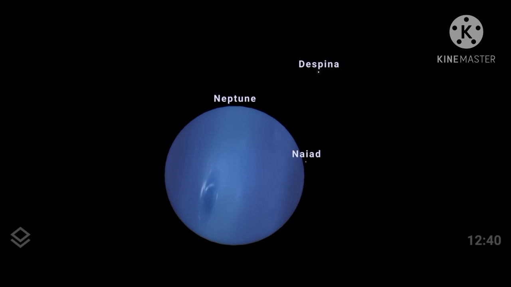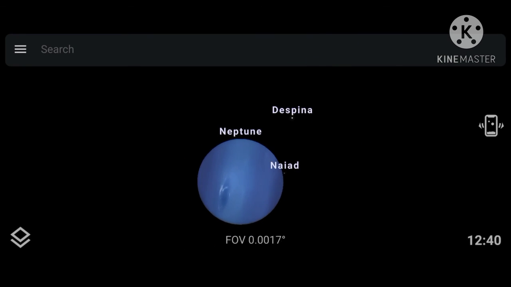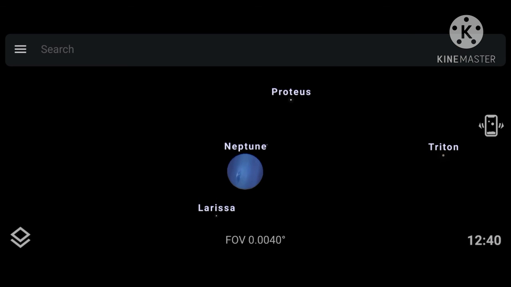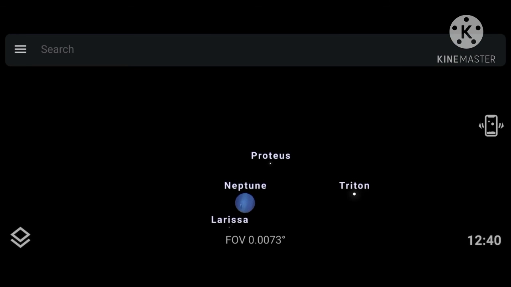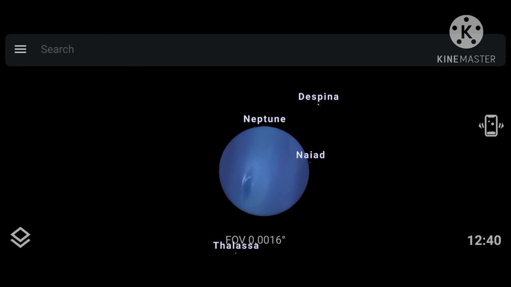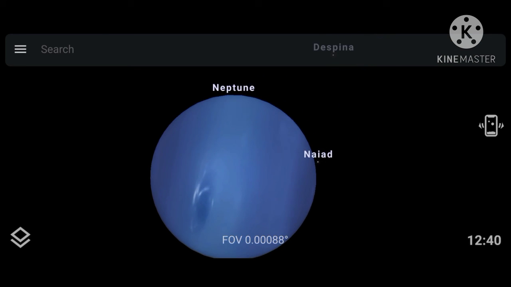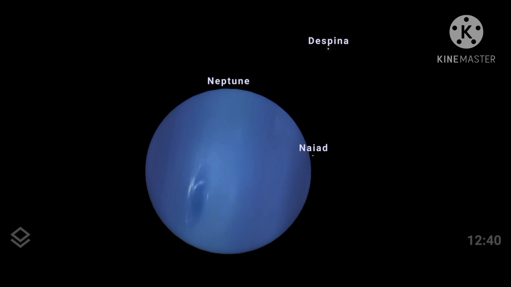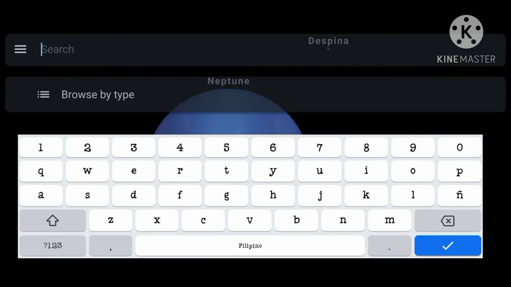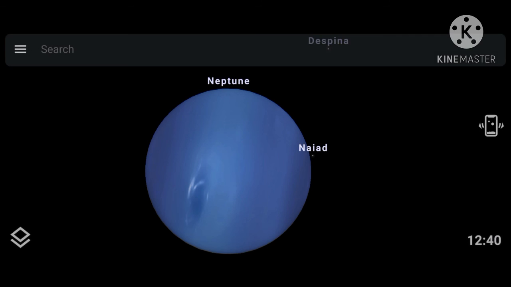And Neptune also holds a number of moons along with the other gas giants. Neptune's color is deep dark blue, also because of the presence of methane, similar to the composition of Uranus.